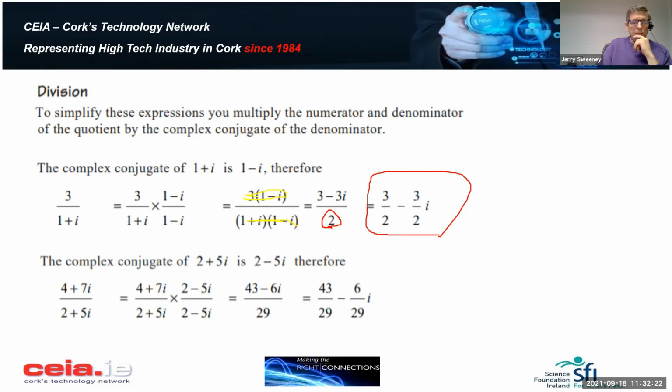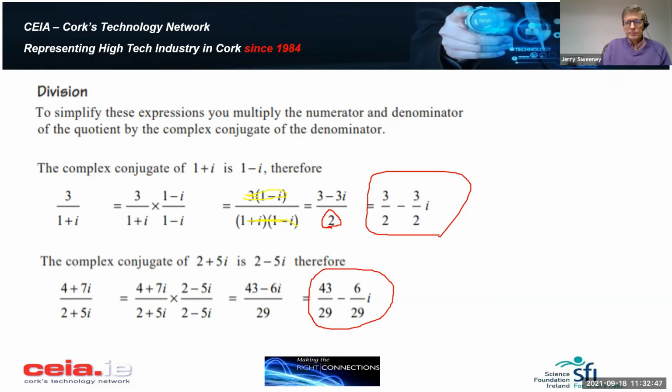We do our FOIL multiplication on top, and I'm not going to do it out longhand, but we end up with 43 minus 6i. And again, we separate out the real and the imaginary part, and we end up with 43 over 29 being the real and 6 over 29 being the imaginary.